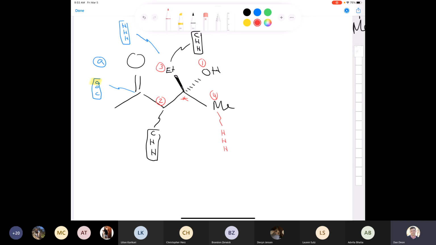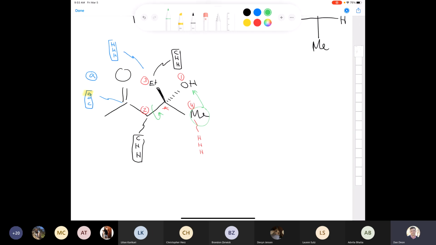Now, here's where it gets interesting. You've got a couple of options here. You can either rotate this bond, so that you put the methyl up here, right? We can do that. Now, if we put the methyl group up there, and I'm just going to draw it over here, what you would end up with is this. So we have 1, 2, 3, 4, 5.